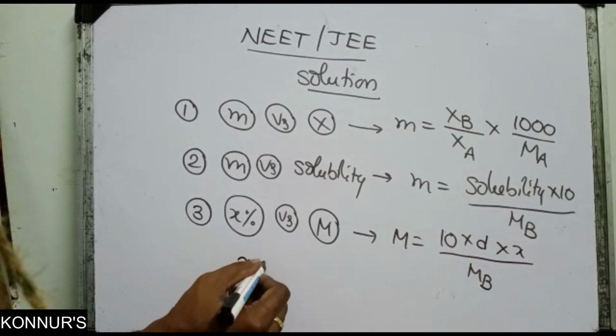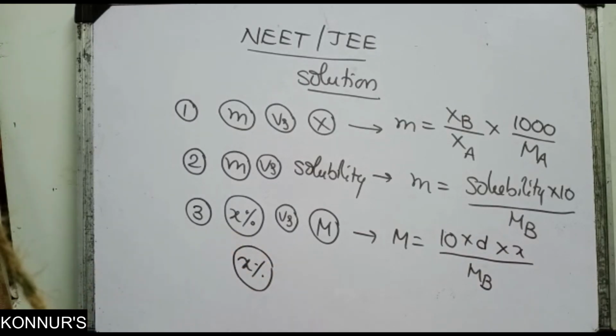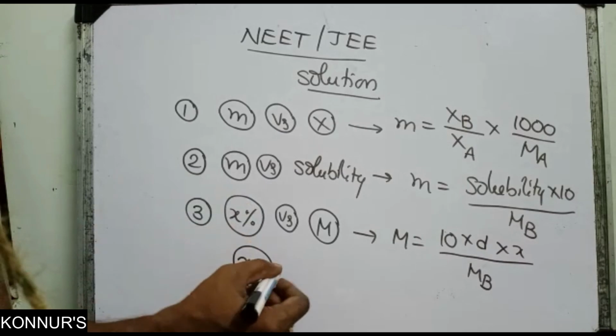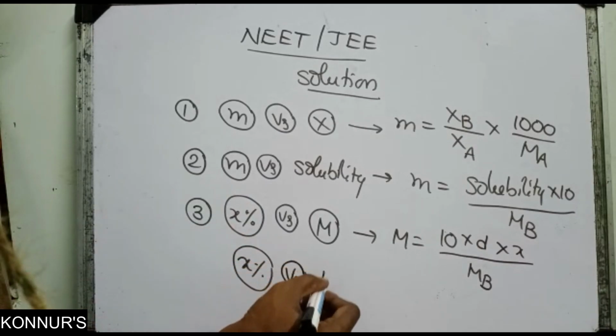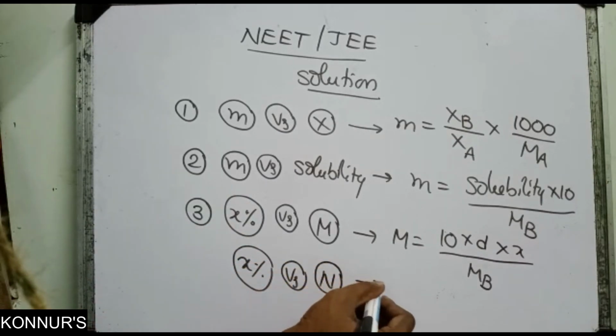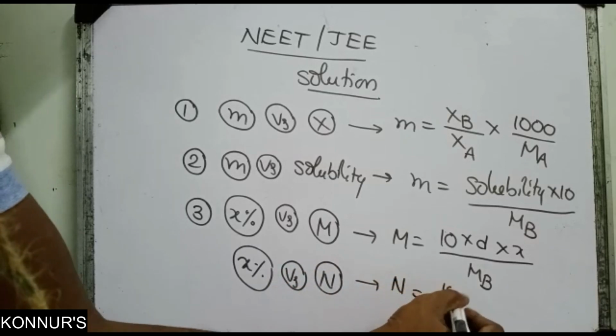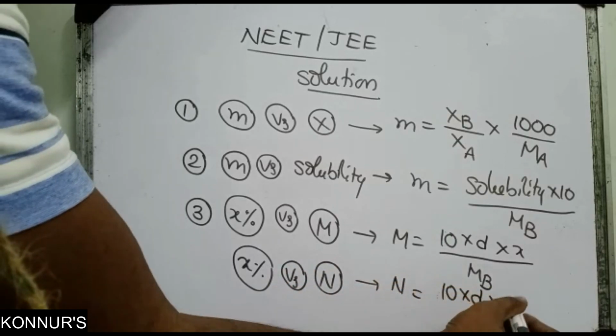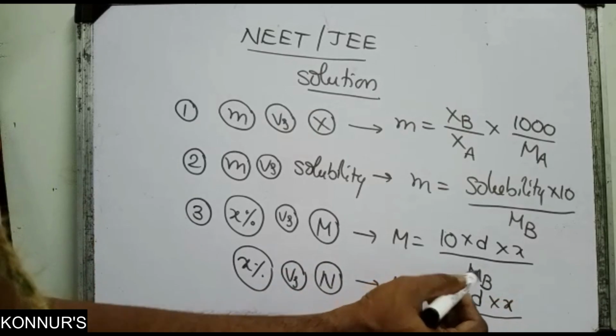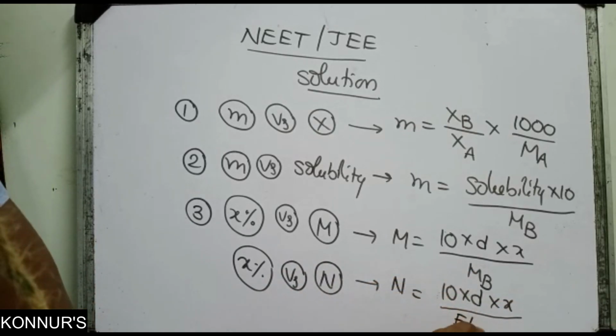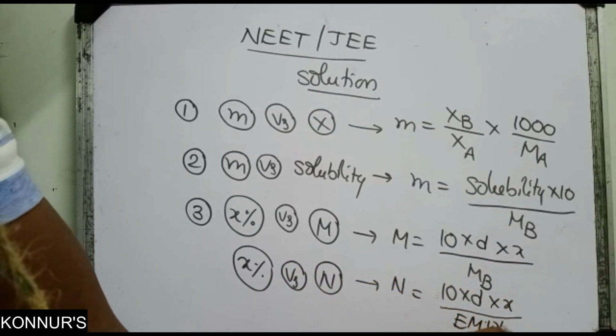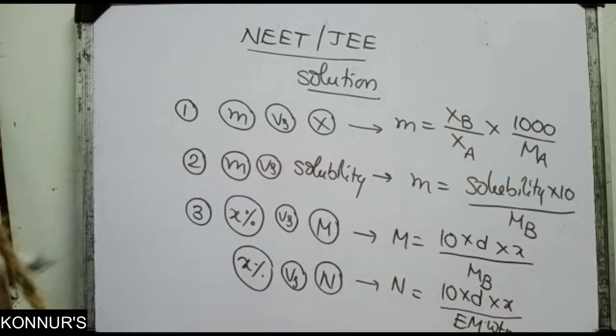Suppose the same X percentage of solute is present and the density value is given, and they are asking about normality. Then normality equals the same 10 into density into X percentage, but instead of molecular weight you write equivalent molecular weight of solute.